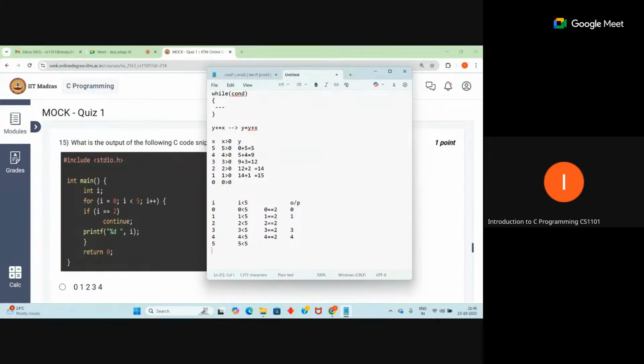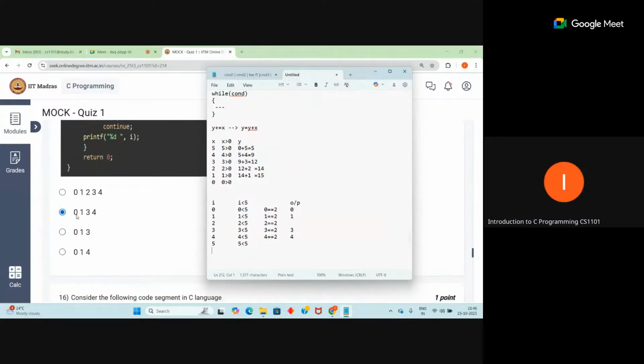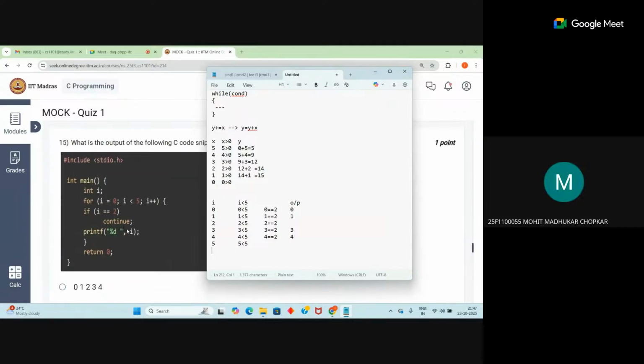It will stop. By the time it stops, what is the output you got? 0, 1, 3, 4. And where the condition 2 equals 2 is satisfied, it does not print that value. The meaning of that is continue.